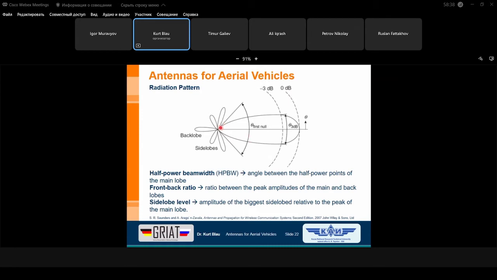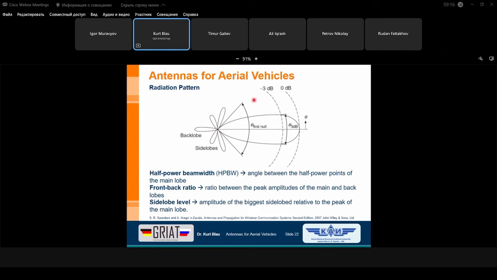And it's also asymmetric in this cutting plane. The antenna must have a higher concentration of field energy in this direction, the main direction. You can see the antenna delivers the radiation only in a very small angle. And outside of this, the energy is not zero, but it's very small.